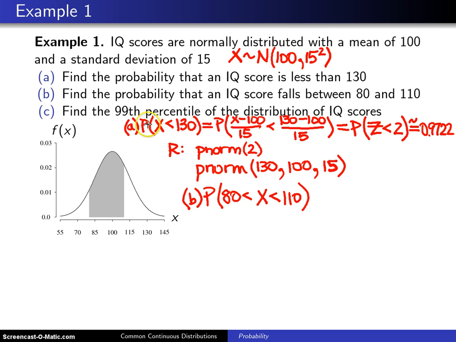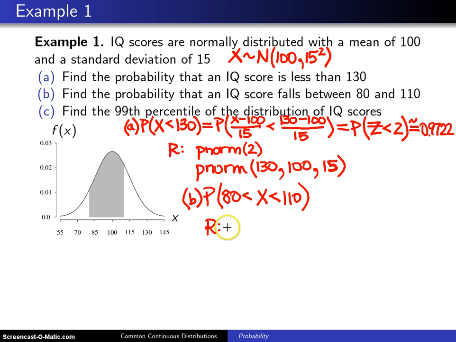Now we could proceed in exactly the same fashion as before. That is, we could take all three of these, subtract 100 and divide by 15. We'd get a number here, we'd get a standard normal right here, and we'd get a number right here. But what I'm going to do here is I'm going to save all of those steps and go directly to R to calculate this.